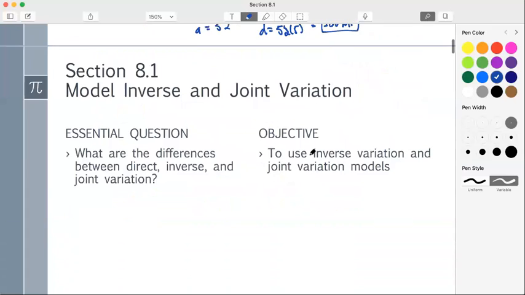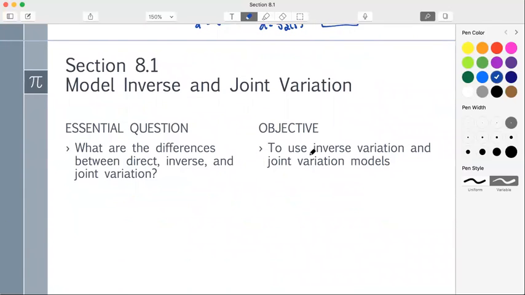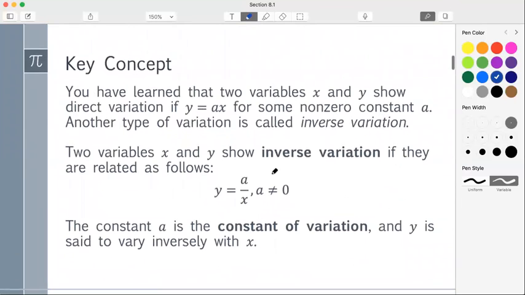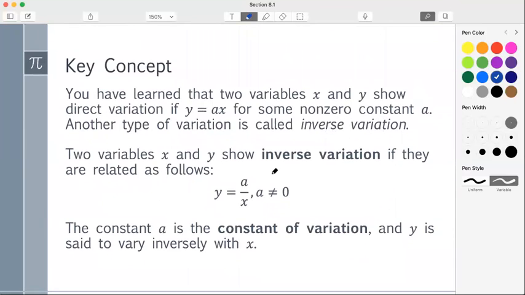Now moving on, section 8.1, the title of the section is Model Inverse and Joint Variations. So it's slightly different than what we've done with direct variation. So our key concept here: you have learned that two variables, x and y, show direct variation if y equals ax, the equation from pre-class, for some non-zero constant a. Another type of variation is called inverse variation.